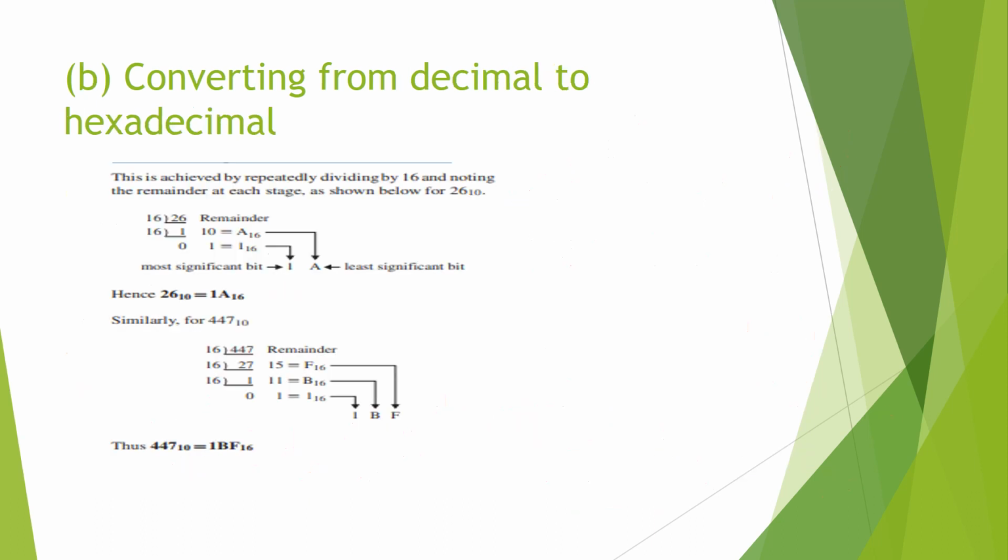So to convert from decimal to hexa, you repeatedly divide by 16. So for instance, we have a number like 26, the one that we have already done. We divide it by 16. How many times does 16 go into 26? It is just 1.